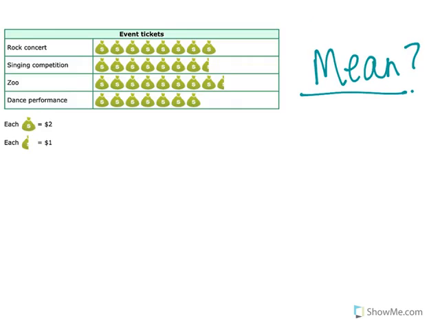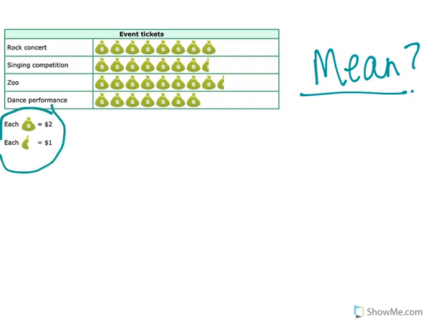Here we are looking at a data display that is a pictograph. So remember, a pictograph is using pictures or images to represent the pieces of data. The most important thing we need to notice about this type of data display is that a key is provided to us.